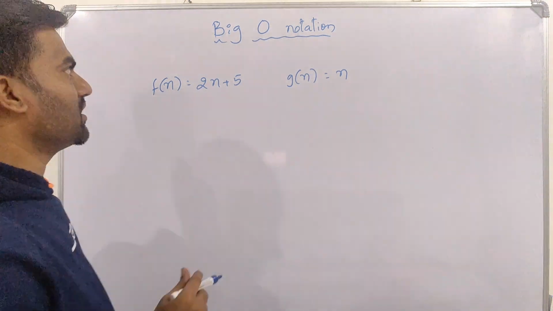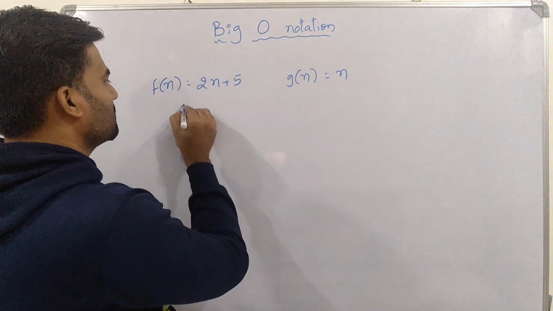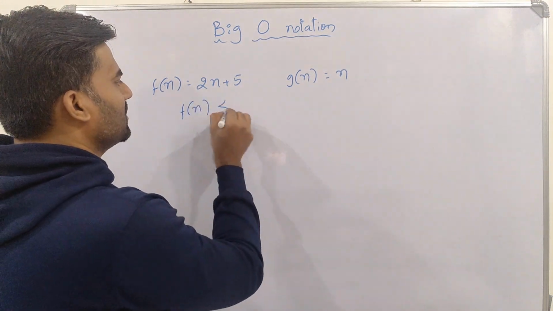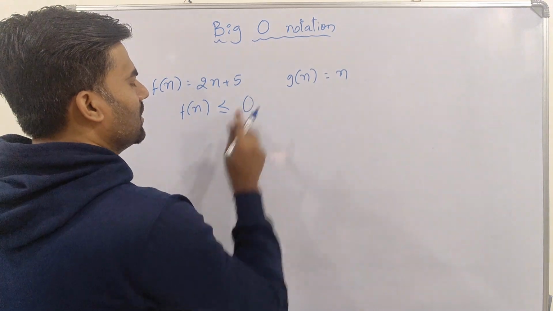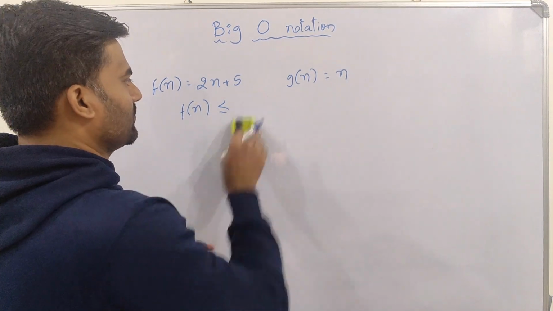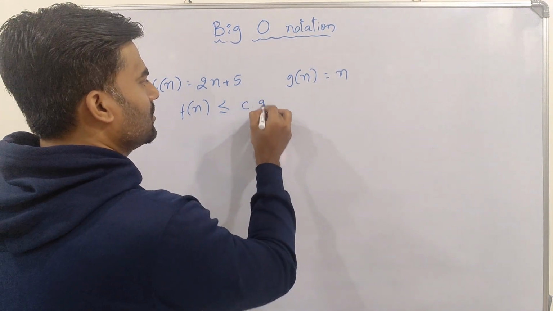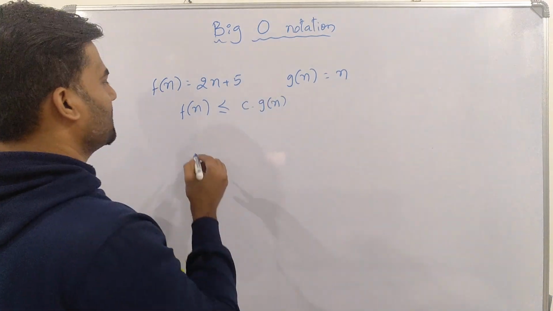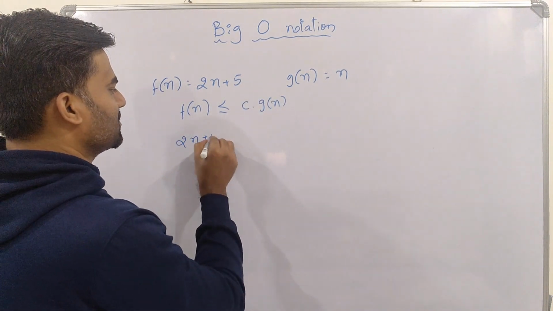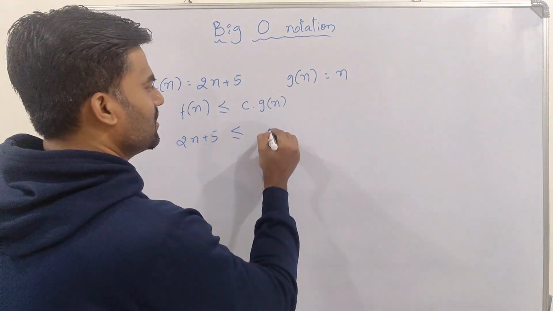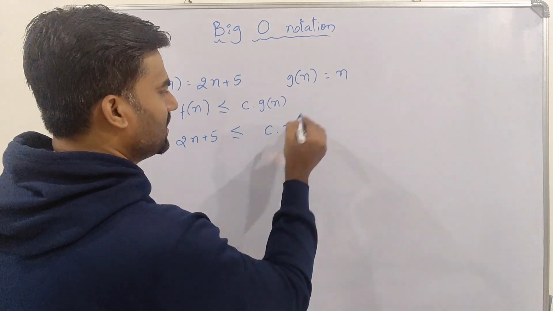According to the big O notation formula, f of n should be less than or equal to c into g of n. That is, 2n plus 5 is less than or equal to c into n.